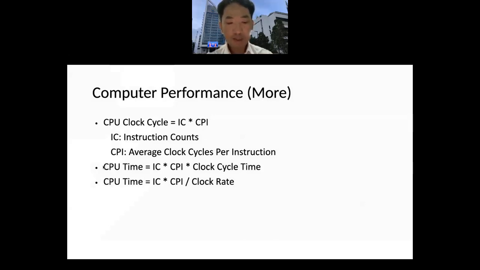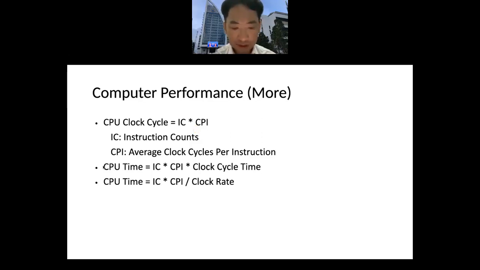There are some more formulas for the computer performance calculation. Look at the term here. We have the CPU clock cycles. We can calculate it as the instruction count times the clock cycles per instruction, or simply CPI.